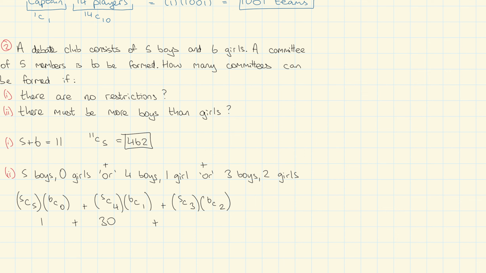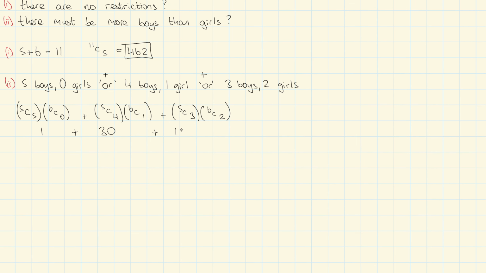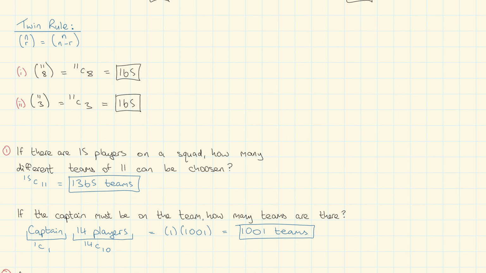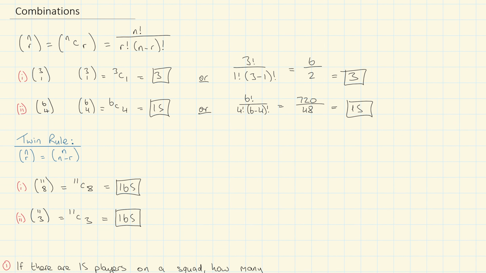And then 5 choose 3 multiplied by 6 choose 2 will give me back 150. So we add them together, and that's 181 committees that will have more boys than girls. So there are some examples of combinations in probability, and that's us done.